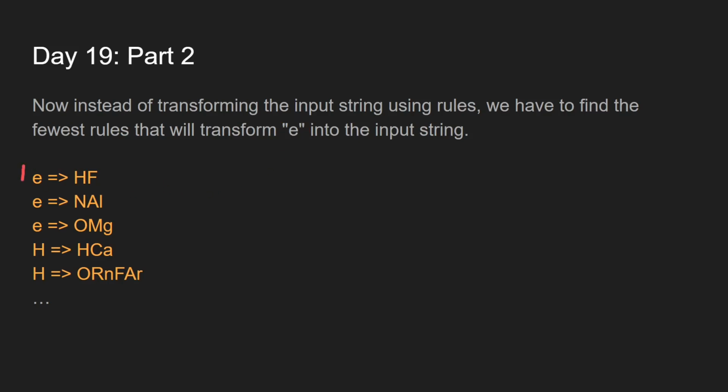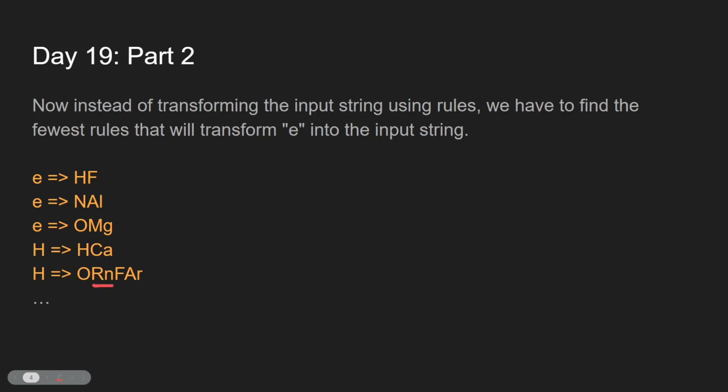So here is how the rules can look, and the left-hand side of the rule doesn't have to be only one character. It can be, for example, CA blah blah blah. So I split these into tokens. So in the problem description, these are actually elements. So O is oxygen, H hydrogen, but I don't care about that.